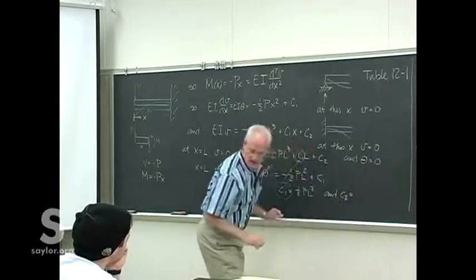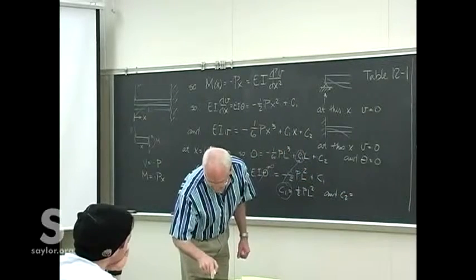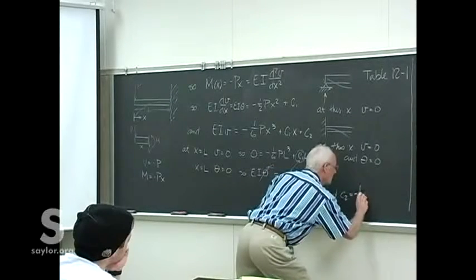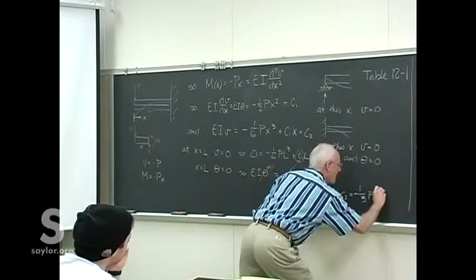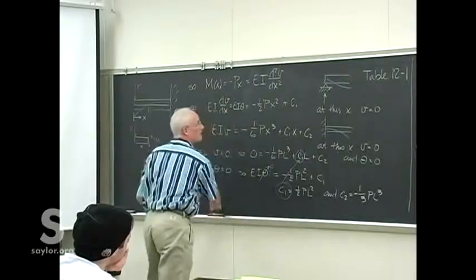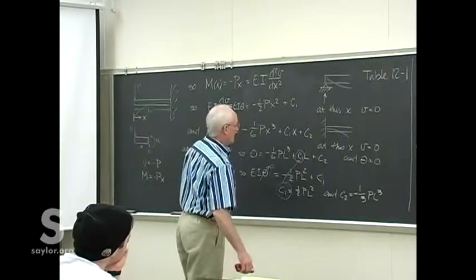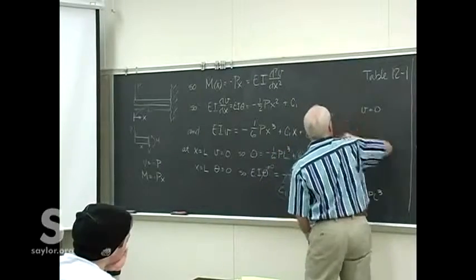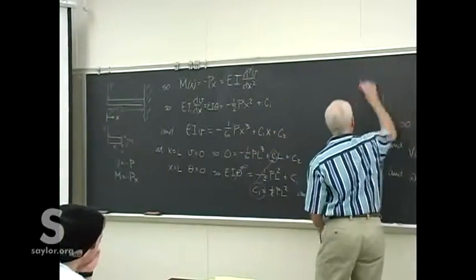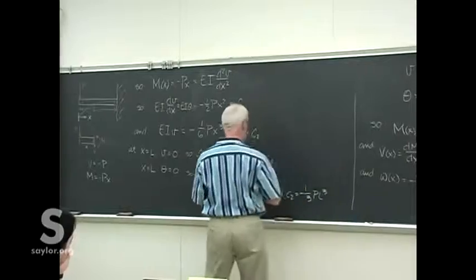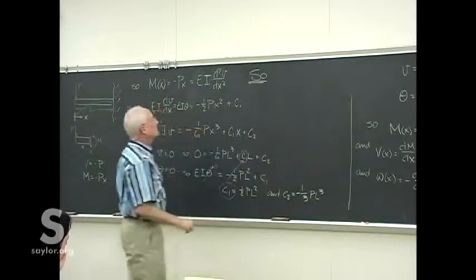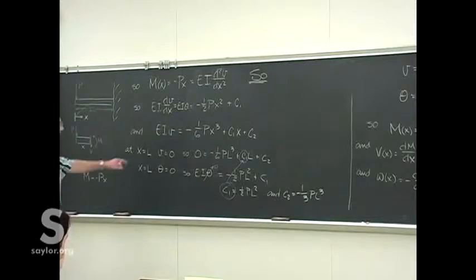And so C2 equals minus 1/3 PL cubed. And so now we got the whole curve. Now we can put it together.